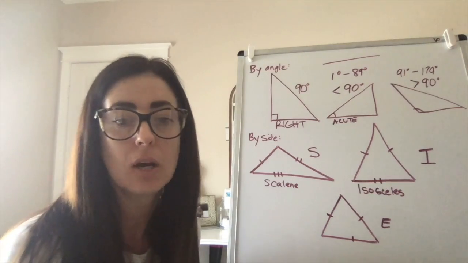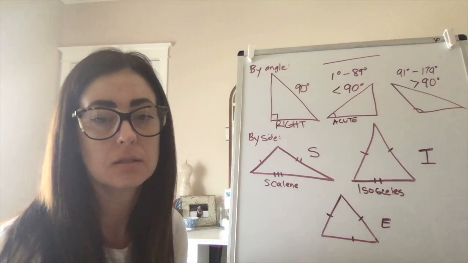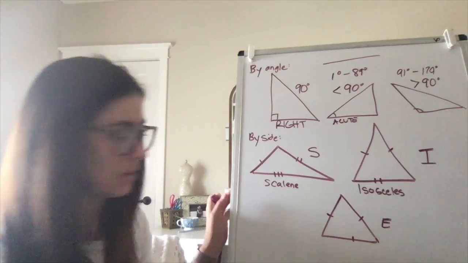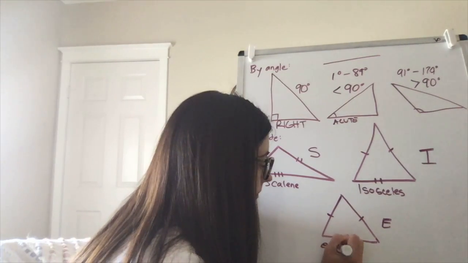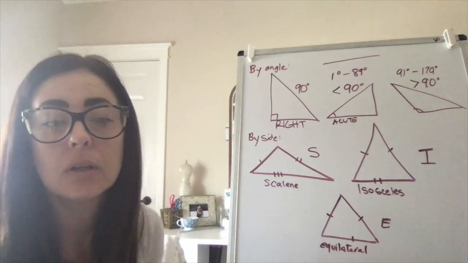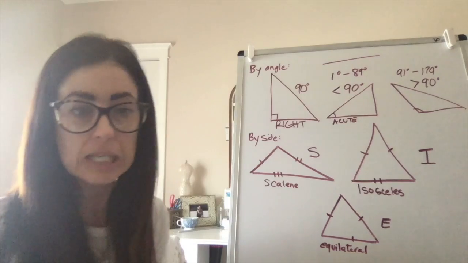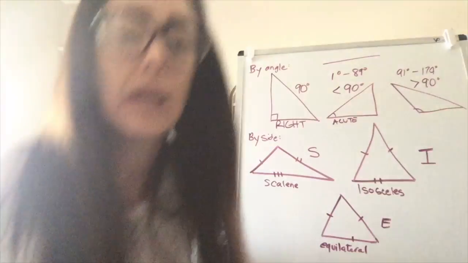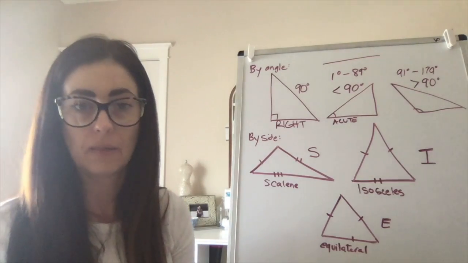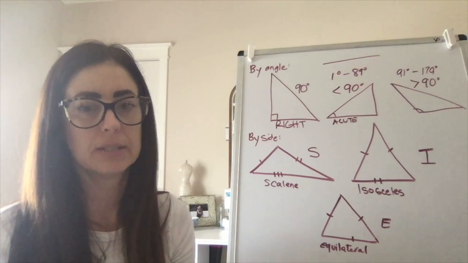So an isosceles triangle has 2 equal sides. Now this one is called an equilateral triangle. Equilateral, you hear the equa in there? It means equal, right? So an equal triangle, meaning that all the sides are equal. And if you notice, they each have 1 tick mark on them, which means they all measure the same.